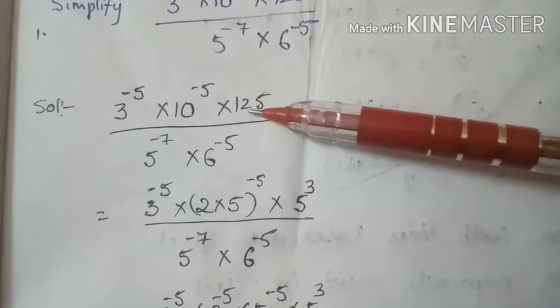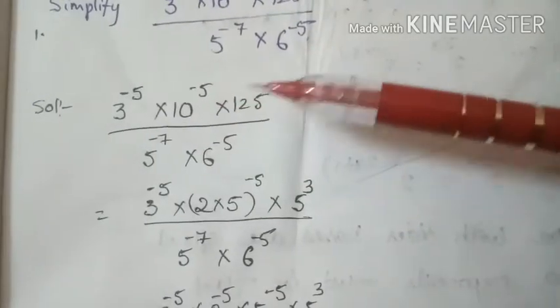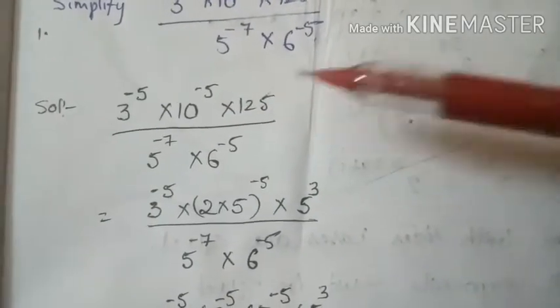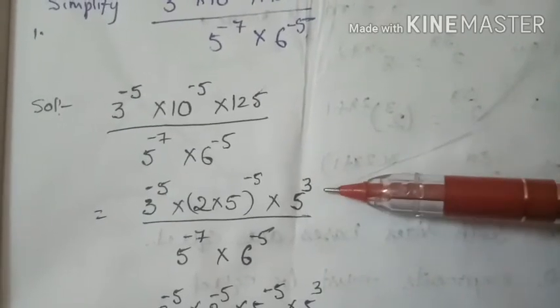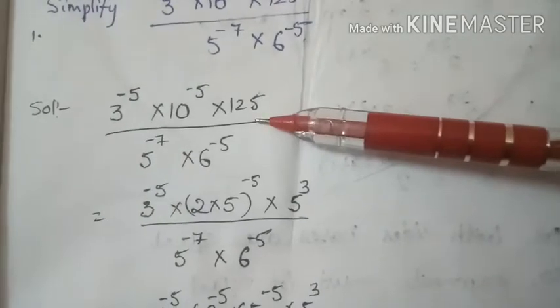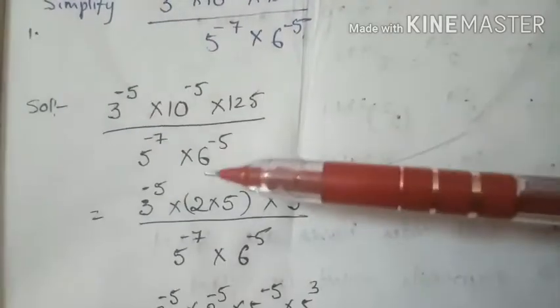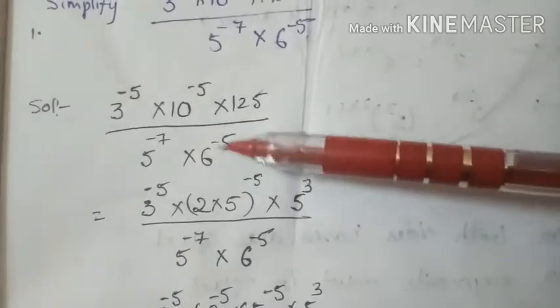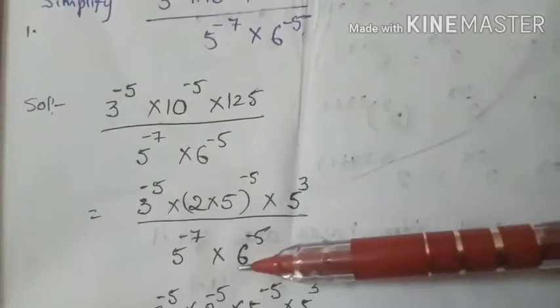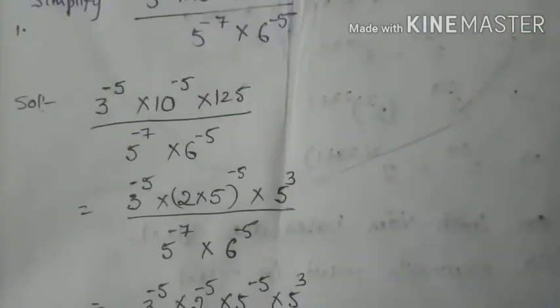Next here 125, I simplified. 125 becomes 5 power of 3, 5 into 5 into 5. 5 5s are 25, 25 5s are 125. Okay, so 5 cube by 5 power of minus 7 into 6 power of minus 5.